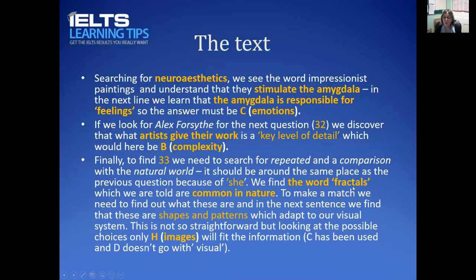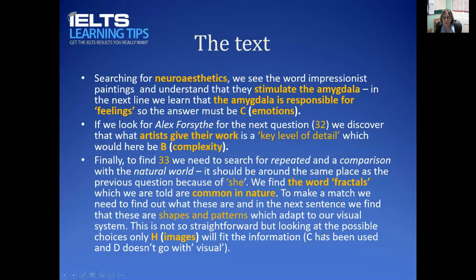I don't know what fractals means really, and it doesn't matter. So where you find a word you don't know, don't panic. It doesn't matter that I don't know what it means. All I need to know is that these are common in nature. And common is a little bit similar to repeated. So maybe this is where we find it. So then we want to find out what they are, and we find out that they're shapes and patterns. Okay, so shapes and patterns which are repeated or common in nature.